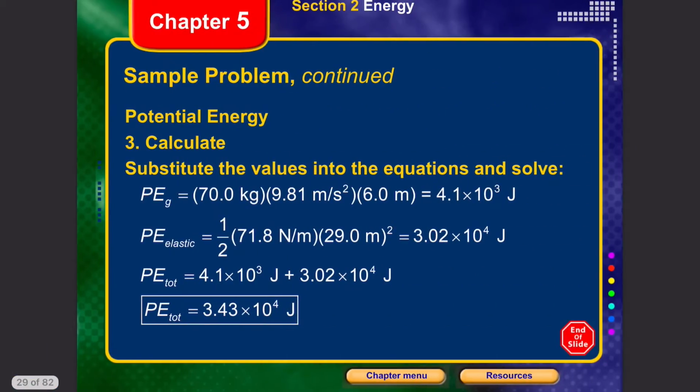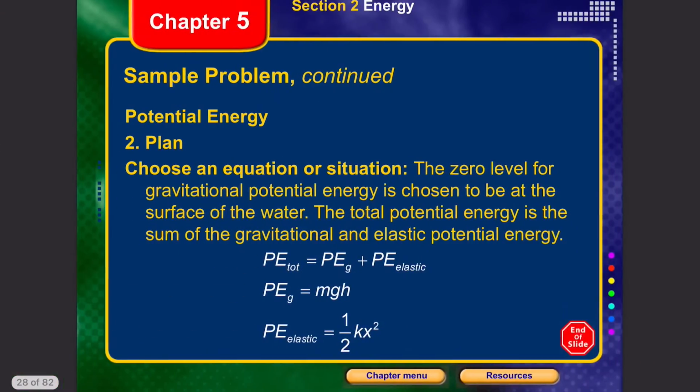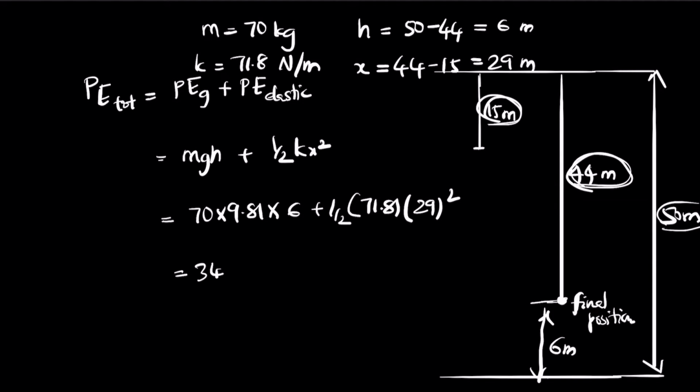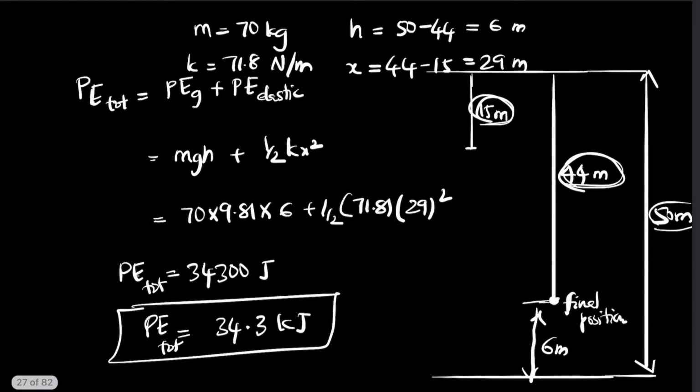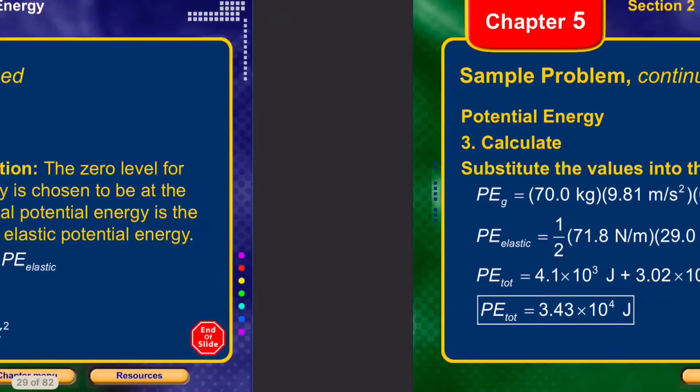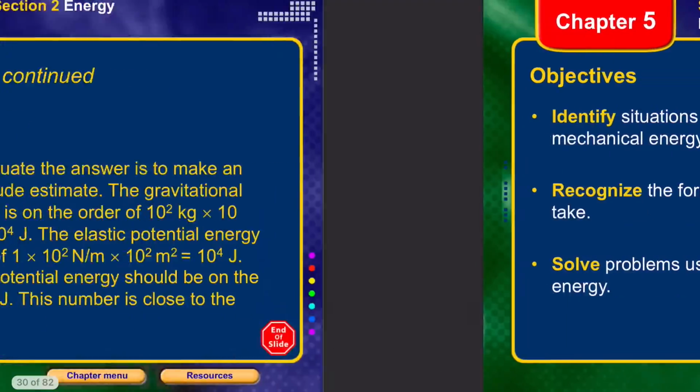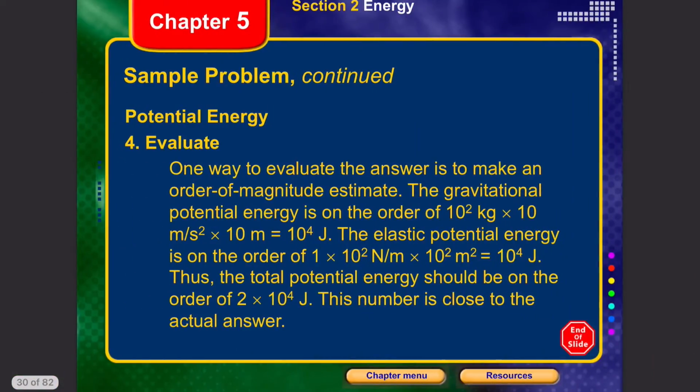When you solve the entire value, it becomes 34,300 joules, or 34.3 kilojoules. So this is the total potential energy. Remember that the total potential energy considers every single potential energy that the object has. So that is about potential energy.